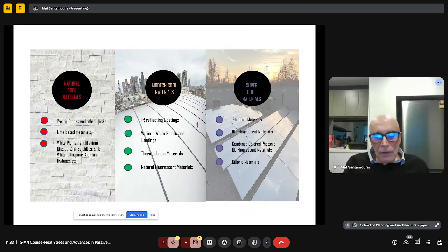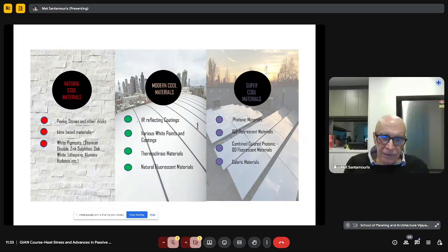For example, the natural cool materials, which include paving stones and other rocks, lime-based materials, and white pigments based on titanium dioxide, a very common material for paints, etc. Then we have the modern cool materials: infrared reflective coatings, various white paints and coatings of high reflectance, thermochromic materials, and fluorescent materials, which, because of fluorescence, present lower temperature.